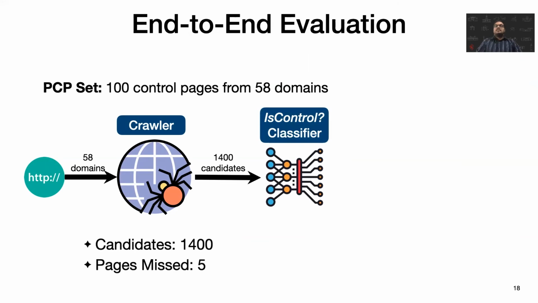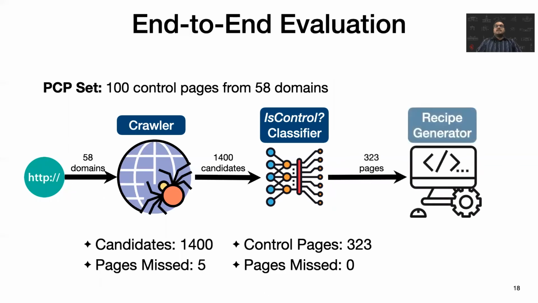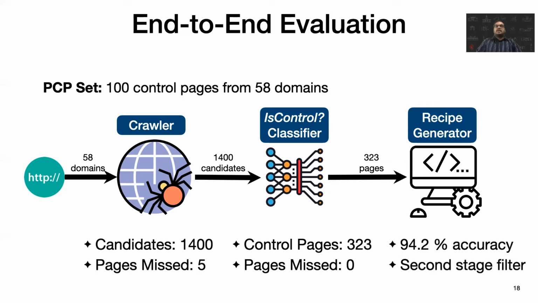The classifier resulted in 323 control pages without missing any control page. Finally, the 323 control pages are passed through the recipe generator, where we see correct recipes for 94.2% of the pages. Here, the recipe generator also acts as a second stage filter, as false positives from the isControl classifier generally do not get a usable recipe.